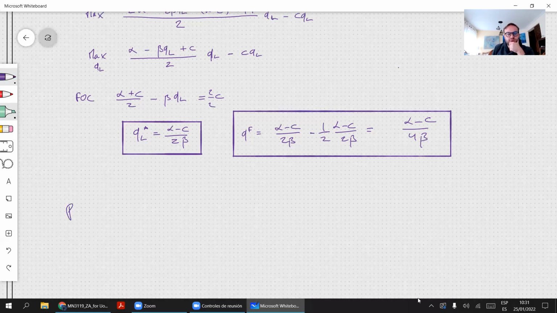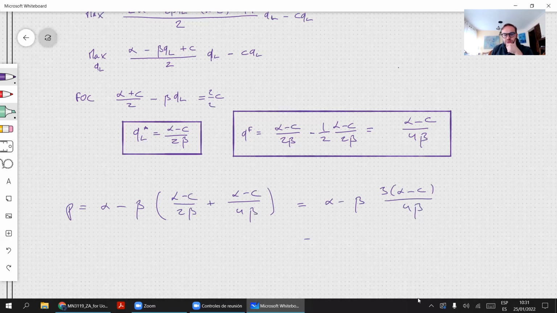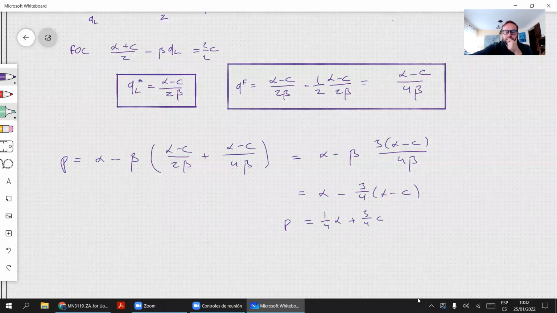So price is going to be alpha minus beta times alpha minus C over 2 beta plus alpha minus C over 4 beta, which is alpha minus 3 alpha minus C divided by 4 beta, which is alpha minus 3/4 of alpha minus C, which is 1/4 of alpha plus 3/4 of C. So this should also be obvious.